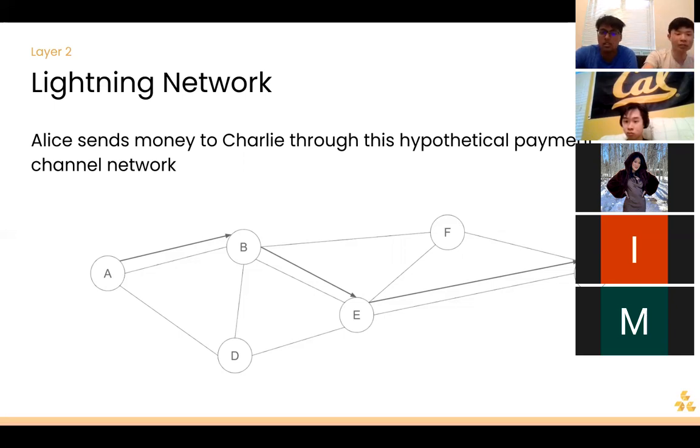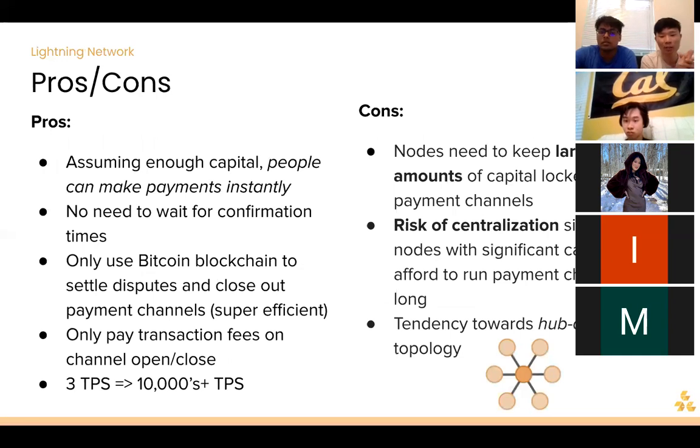What this leads to is a hub and spoke topology, where you can imagine the node in the center is Ethan, and everyone else in the network is connected to Ethan in some way or another. This can open up an attack vector: what if an attacker builds up all these connections with other nodes, but then overnight just takes away all the liquidity?